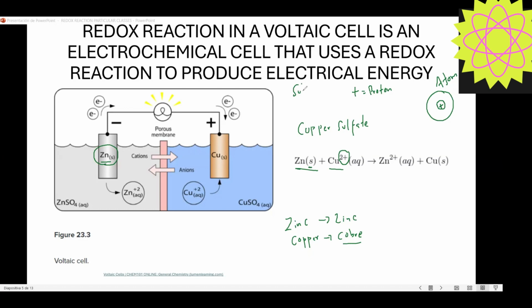These are called subatomic particles. So we have plus means proton, right? Negative, what does it mean negative? Electron, very well. And the electron is normally spinning around the nucleus.